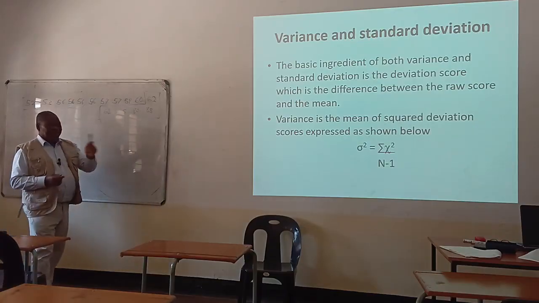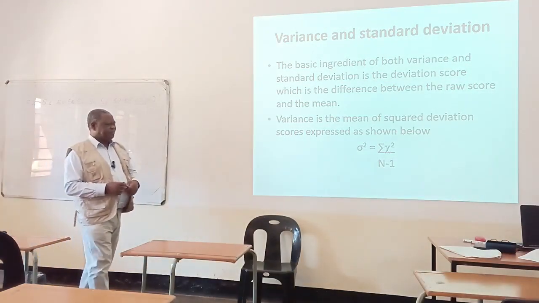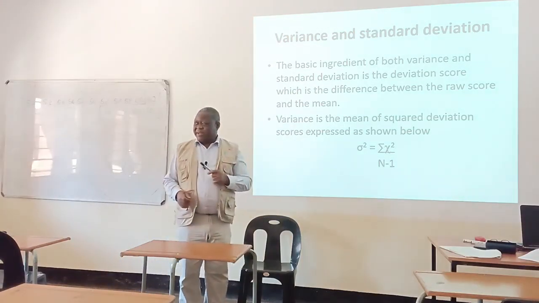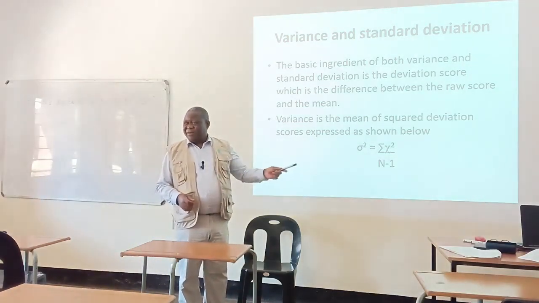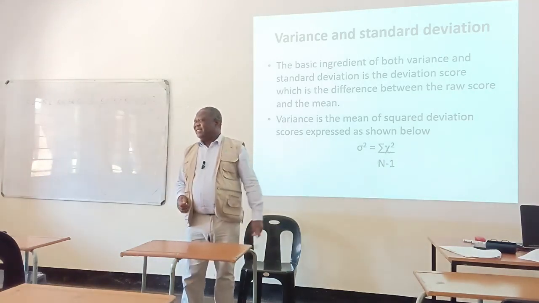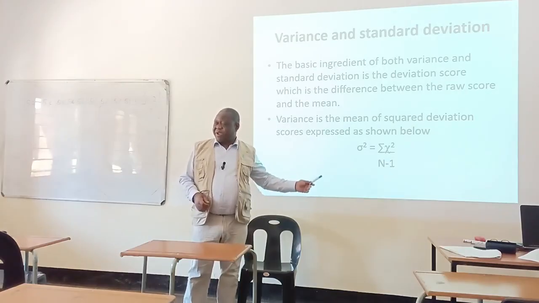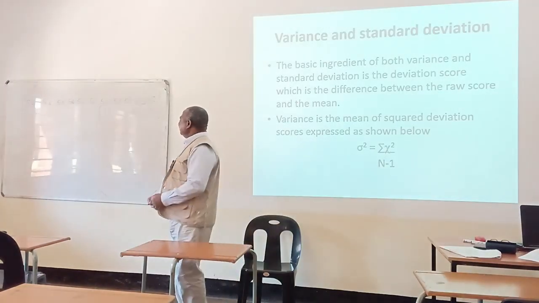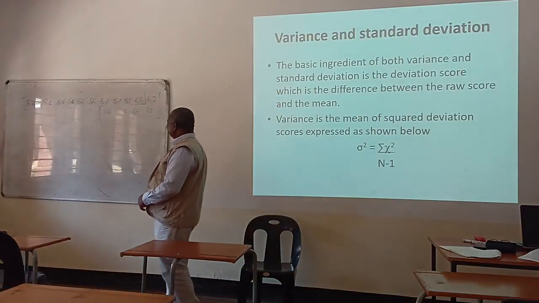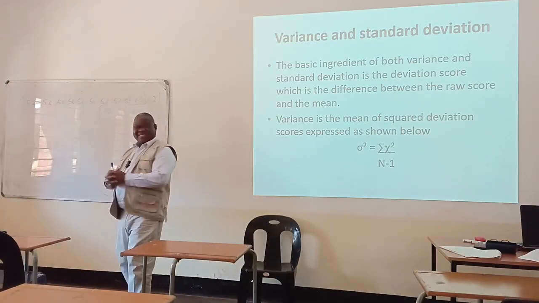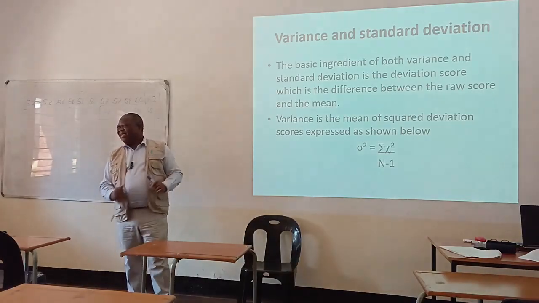Just to be sure we are together. So to compute the standard deviation, we are starting with variance. The standard deviation will just be the square root, but let's compute the variance. How do we start that? With that formula.